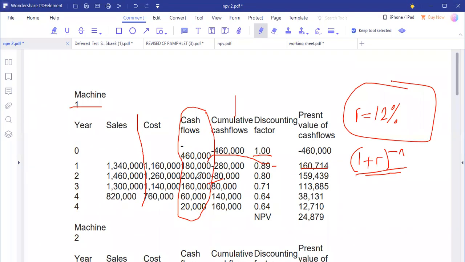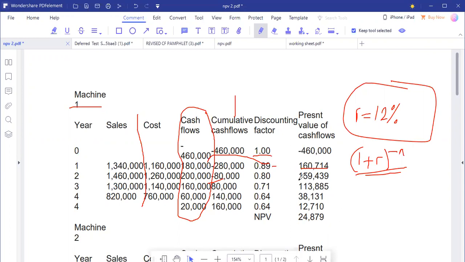Then the other one is 200,000. So we multiply the 200,000 by 0.8, because the second one is (1 + r)^-2, meaning 1.12 to the power -2. So it's 0.79 something.